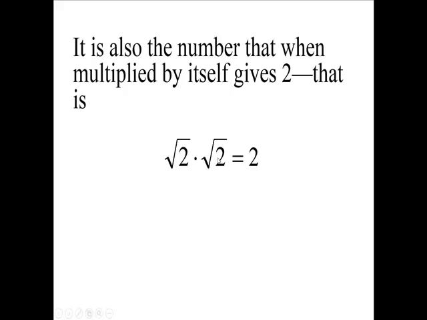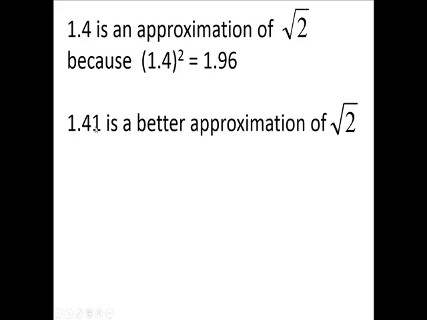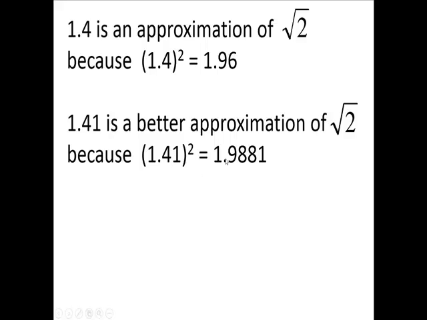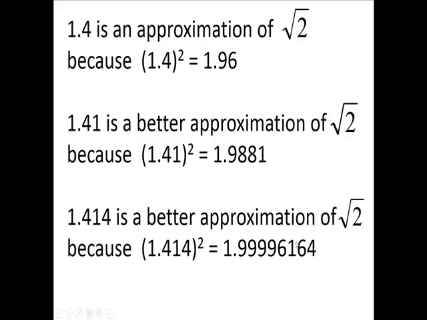But what is the square root of 2 as a decimal? 1.4 is pretty close, because 1.4 times 1.4 is almost 2. 1.41 is closer, because 1.41 times 1.41 is almost 2. This is closer to 2 than this one is. You could say 1.414 times 1.414 is really close to 2. You see what I'm saying?